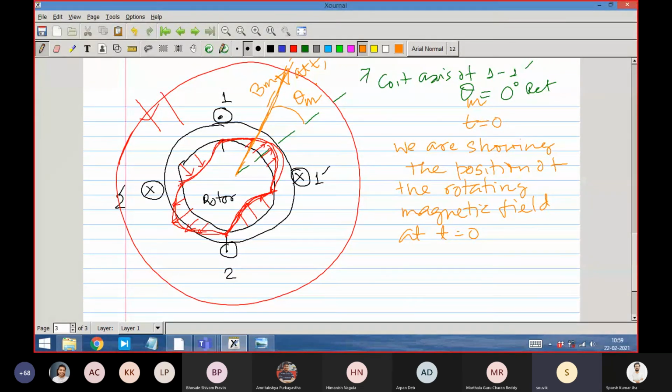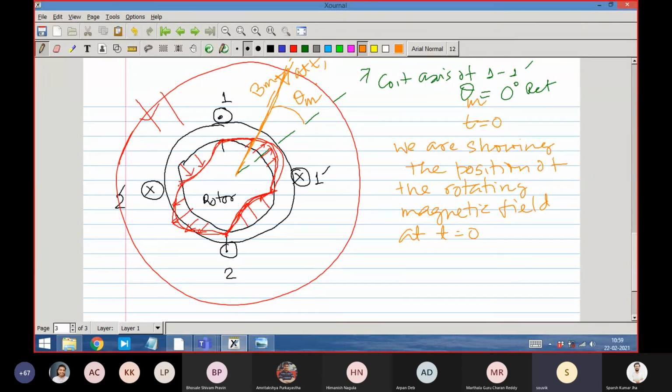But one should know, not just focus on one peak. To find out the voltage, one should know how much is the flux linked by the coil at an instant t. If the flux was aligned to the coil axis, what would have been the flux linkage? So think about that, and in the next class we'll see.